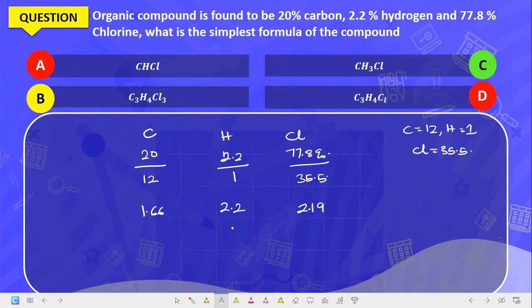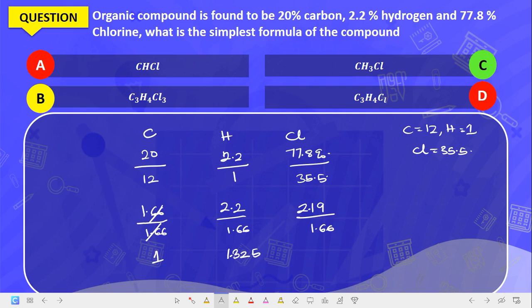Now the next thing you do is divide by the smallest. What is smallest? 1.66, right? So this is divided by 1.66, this is divided by 1.66, and this is divided by 1.66. This cancels this. This is 1. This is 2.2 divided by 1.66, and that is equal to 1.325.